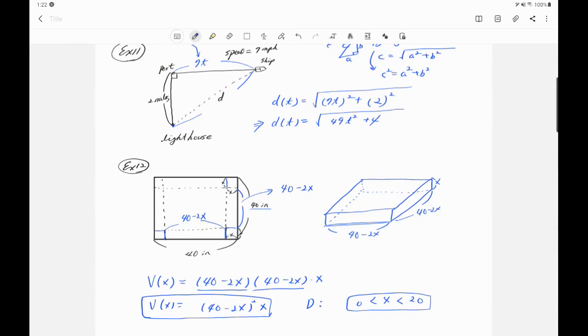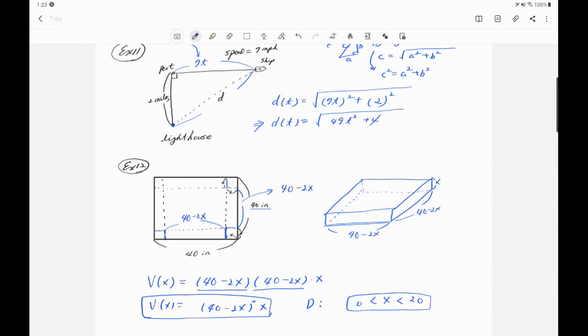There are 2 x's on the left and on the right, so once you make a box, the length will be 40 minus 2x. And the width is also 40 minus 2x. The volume is length times width times height, right? Each length is 40 minus 2x, the width is the same, so we can make a square, and the height is x. So the volume can be written as this expression.